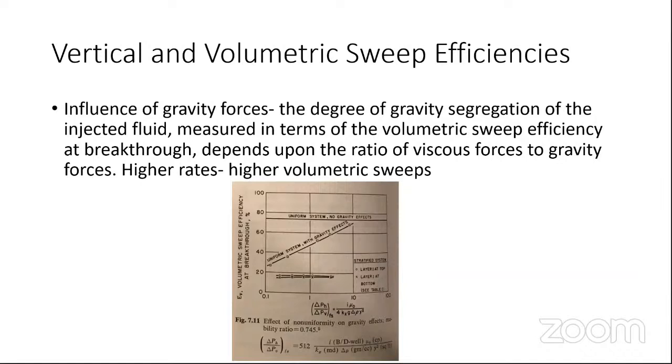The linear line is the uniform system with gravity effects, that's the straight line. And then the flat line is the uniform system with no gravity effects. So this is the effect of non-uniformity on gravity effects with the set mobility ratio.